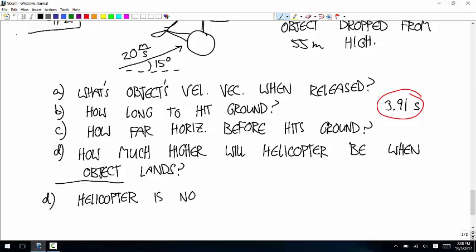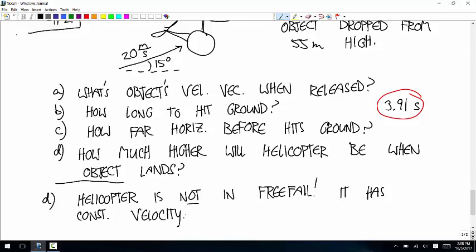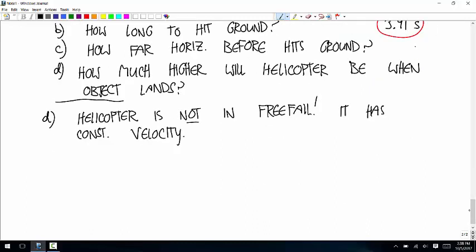So the helicopter is not in free fall. It has constant velocity. And its velocity we can figure out from what it tells us at the beginning.